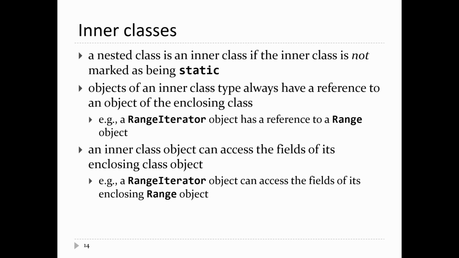What else can an inner class do? Inner class objects are allowed to access the fields of the enclosing class object. That means every range iterator gets access to the fields of range, even if the fields of range are private. Every range iterator object can access the fields of its enclosing range object, regardless of the access modifier that range has put on those fields.